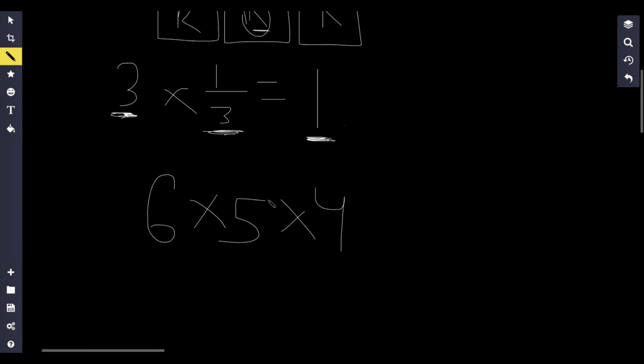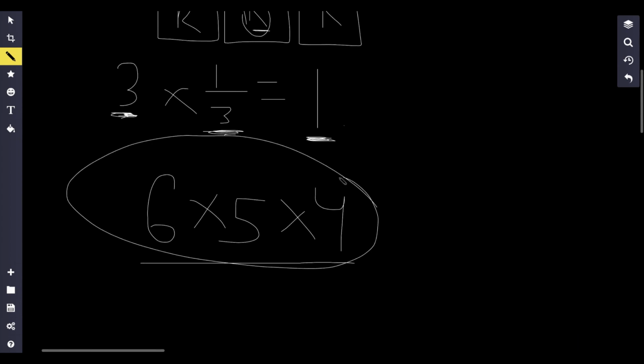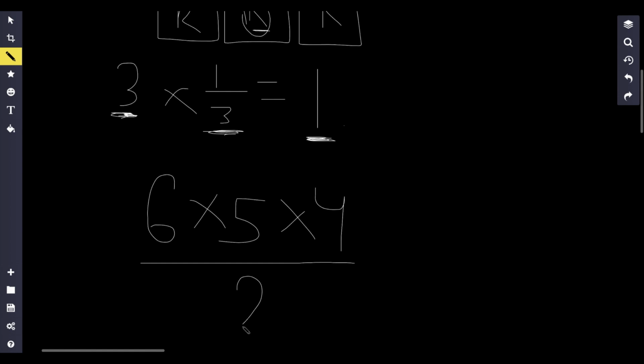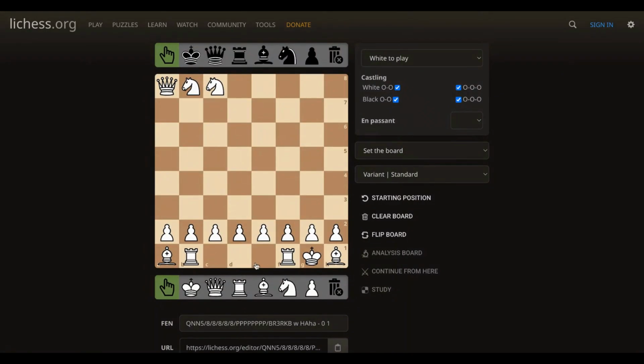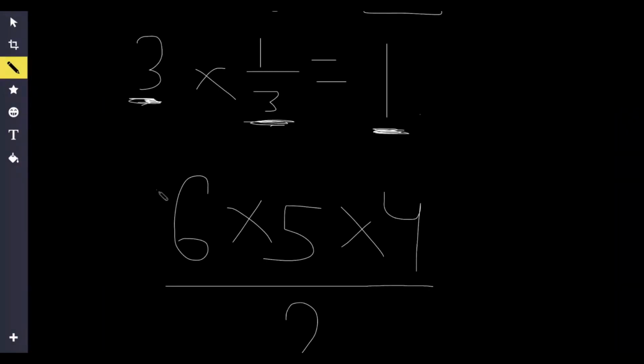So because there are two rooks, I have to divide 6 times 5 times 4, all of this I've gathered up right over here, by 2 because there are two identical rooks. It's going to be half the amount of positions if these rooks were not identical. If these rooks were not identical, then the total amount of ways we can rearrange this would just be 6 times 5 times 4.